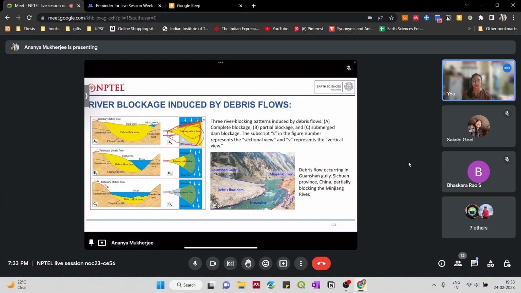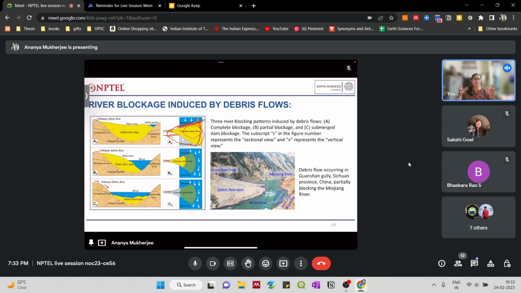Over in the B part there is partial blockage. This is the upstream area, this is the downstream area. Debris flow happens from the deposition being formed on the banks of the rivers.